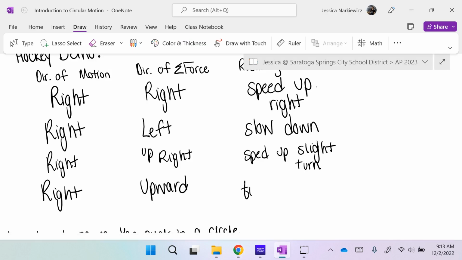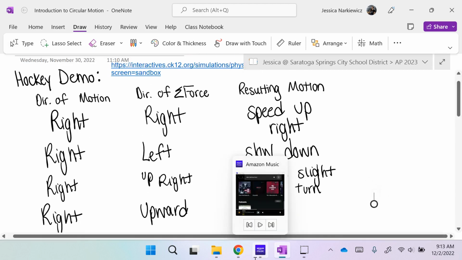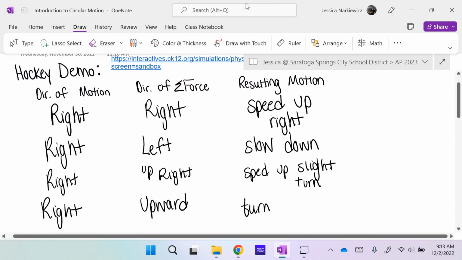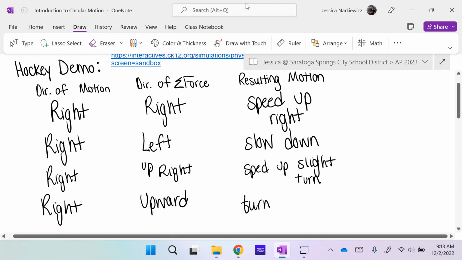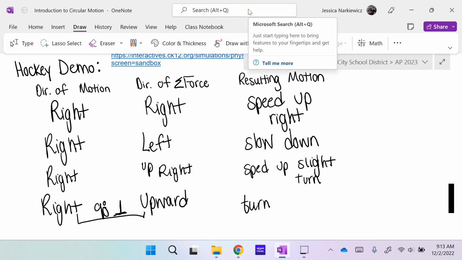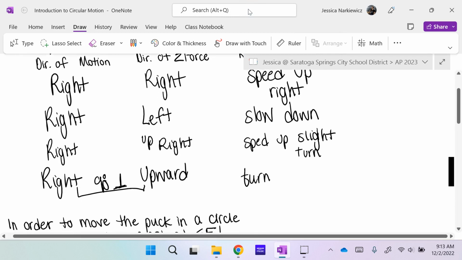But this is where I really start to turn. So what this is showing me is that in order to get something to move in a circle, sorry for the Amazon pop-up, I need to apply a force, and these two are 90 degrees apart, so to speak. That's also known as perpendicular. So I need to apply a force perpendicular to the direction of motion.